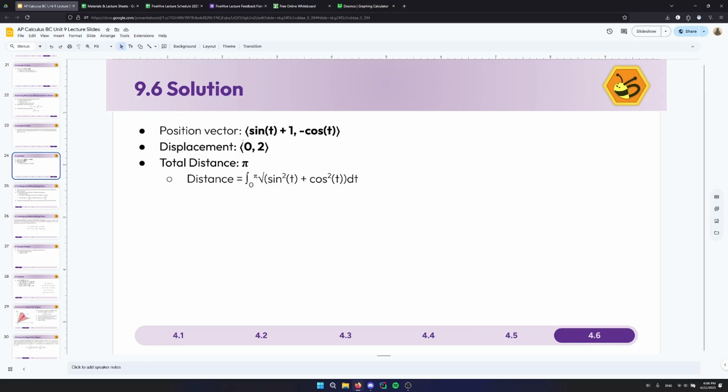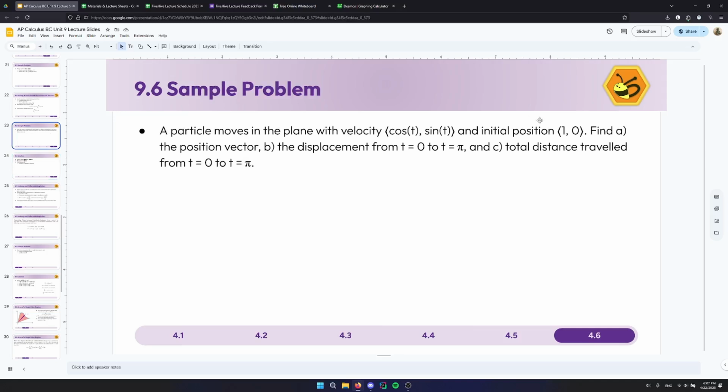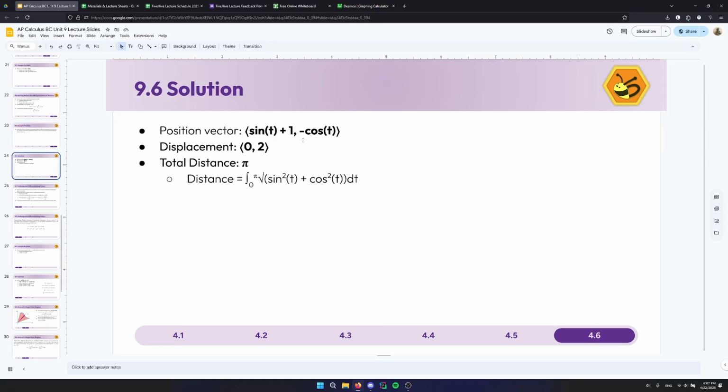So 0 to 0, displacement is 0. And then our negative cosine of pi, that's negative 1. No, that's just positive 1 because the two negatives cancel out. And then from 1 to, wait, did I make another mistake here? Because from 0 to 1, that should just be 1, right?